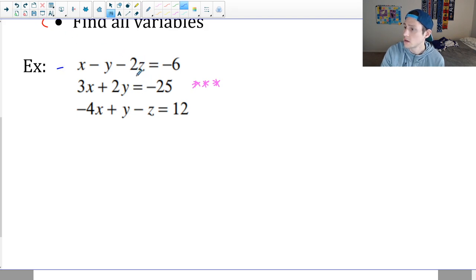As I look at my coefficients for z, I have -2 and -1. Remember, my goal is that I have them the same number, where one is positive and one is negative. So right now I have -2 and -1. So let's change this one so that it's +2.